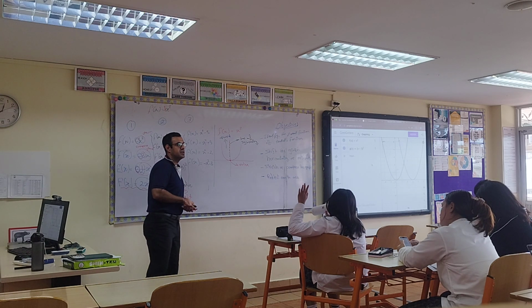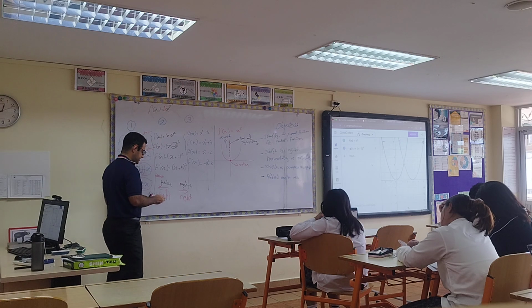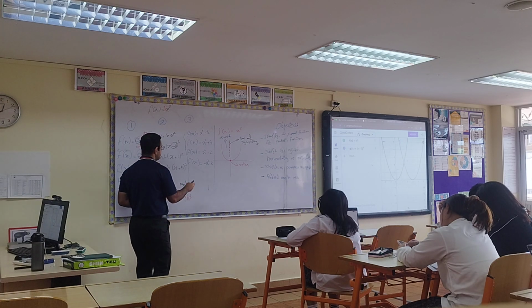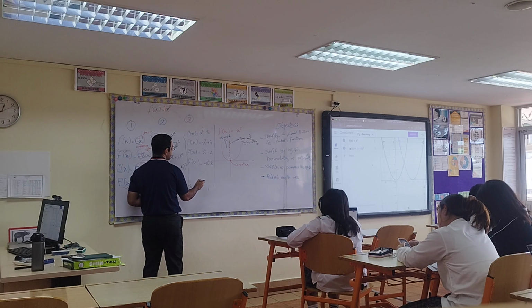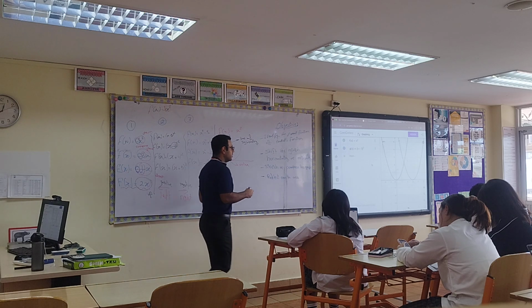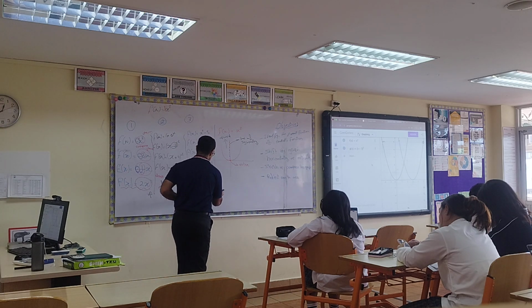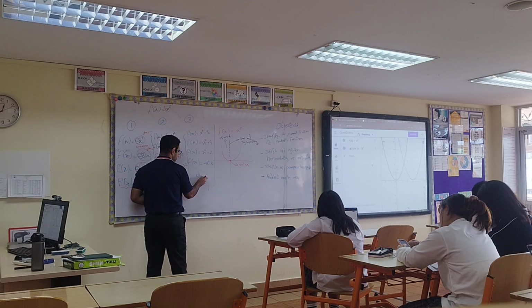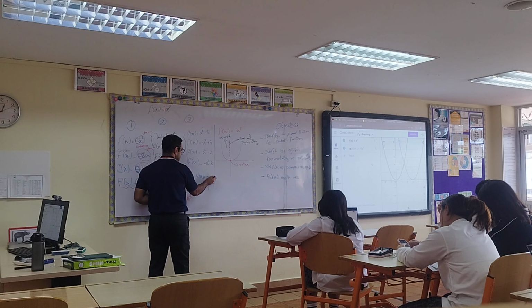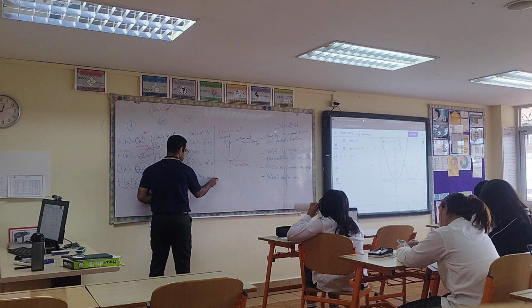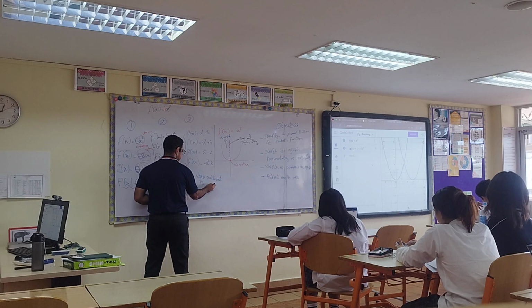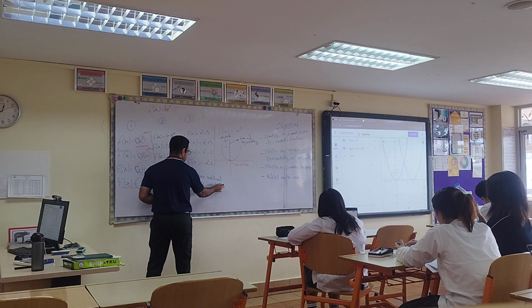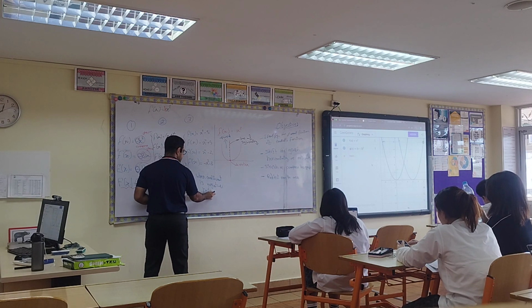What about the last one? Who got number 3? Okay. So when the x squared is negative, it flips upside down. So I'll call this reflect, okay? When the coefficient is negative, reflect over the x-axis.